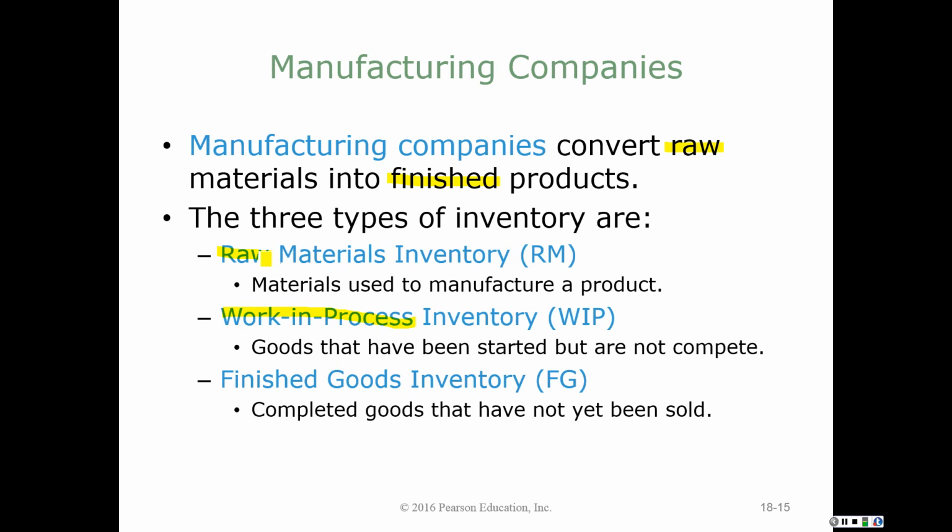We take raw materials and direct labor and begin to convert that raw material into an inventoriable, finished, sellable product. And that's what eventually moves into finished goods inventory. These are products that have been manufactured, but they have not been sold. And if we remember GAAP, we cannot consider them cost of goods sold on our income statement until we have actually sold them. So they're considered finished goods inventory on our balance sheet.